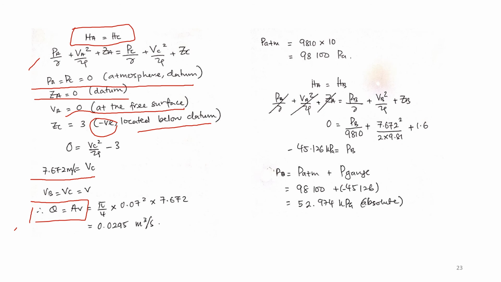So you get the Q as this one. Okay, and then we have pressure atmosphere. This is for question B. Okay, question A, we already determined the Q, flow rate.